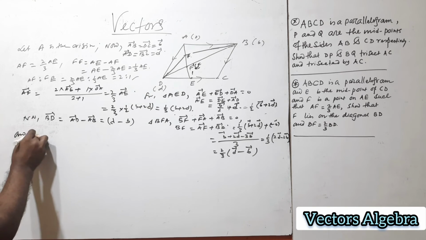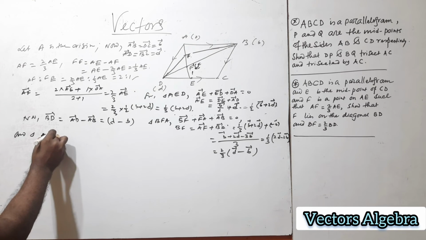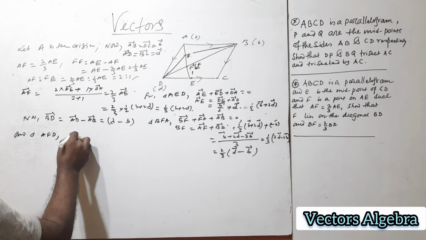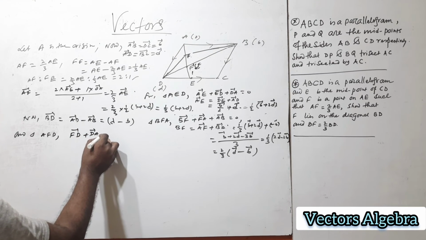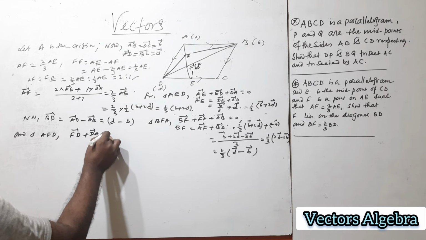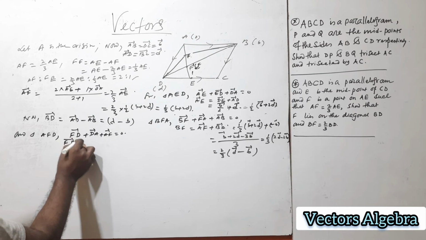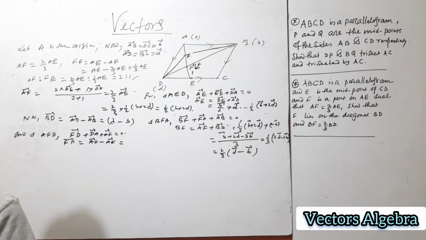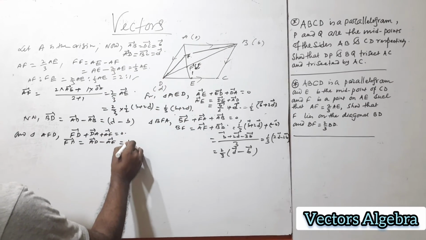And for triangle AFD. Okay, so FD plus DA plus AF equal to 0. So FD is equal to AD minus AF. AD vector, this is d.